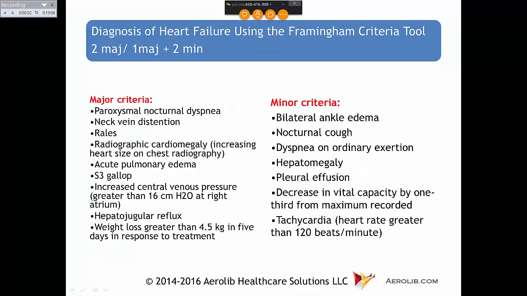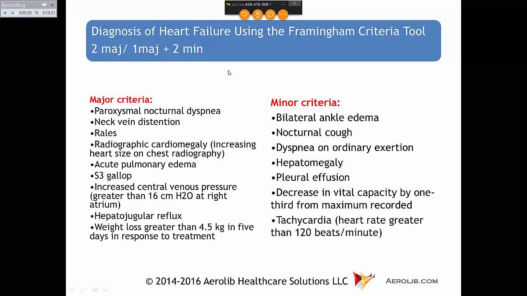So diagnosis of heart failure, and again, Framingham criteria tool have been around for years. And what they have said is either two major criteria or one major and two minor. So when you look at major criteria, and again, why I'm reading this is what is going to be very important in justifying CHF in terms of your H&Ps, progress notes, discharge summaries. So paroxysmal nocturnal dyspnea needs to be in the HPI.